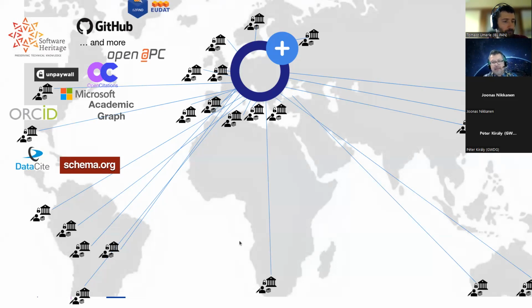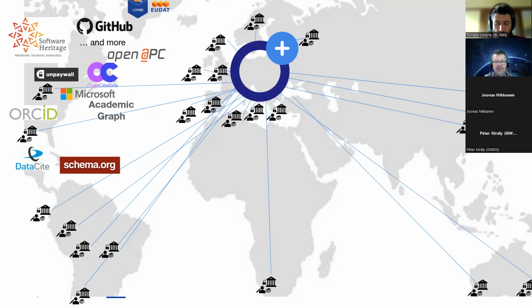OpenAIRE also includes dumps from Microsoft Academic Graph, which is end of life at the moment, but we are also taking a look at OpenAlex here, and Unpaywall as well.